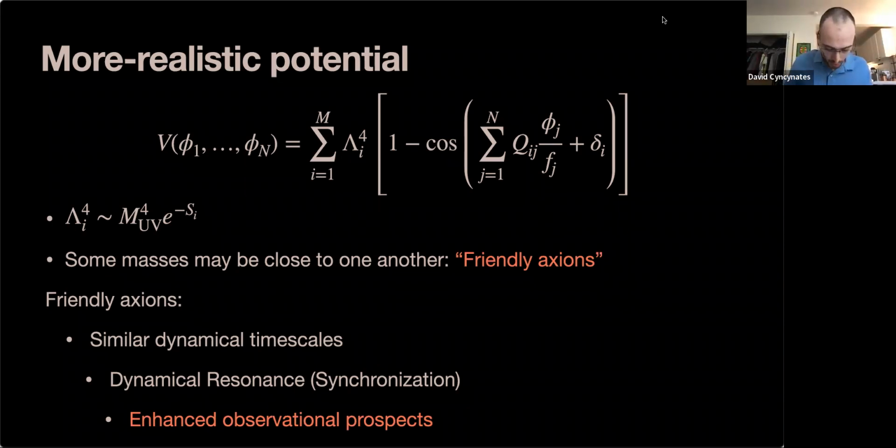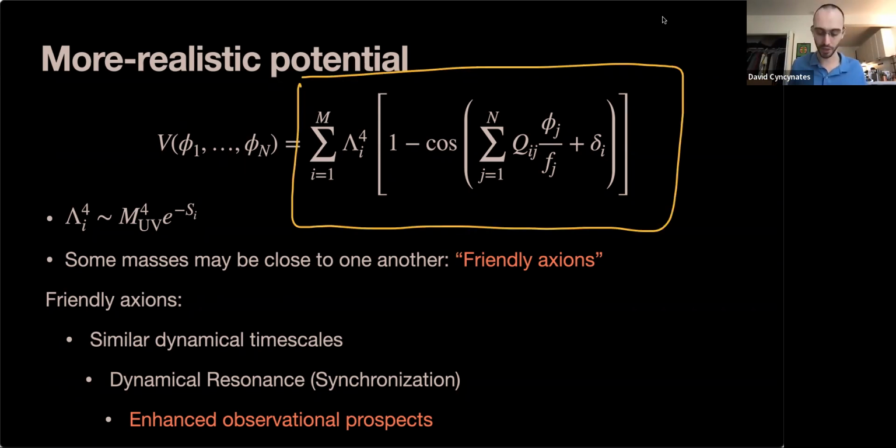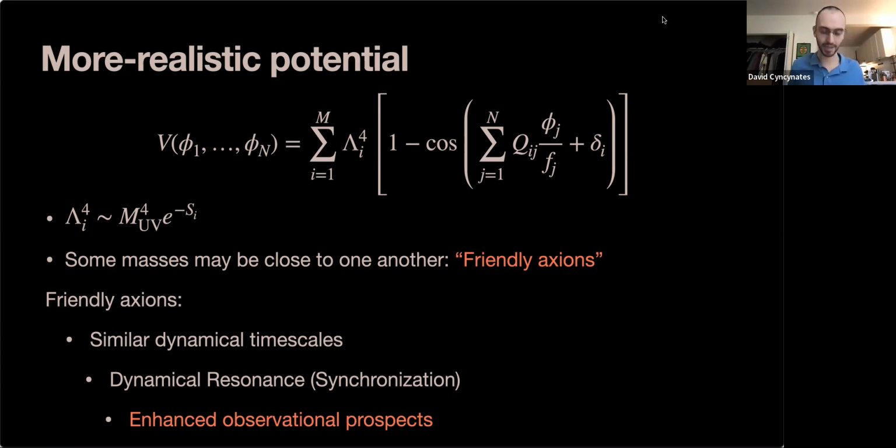Okay, so why are we interested in friendly axions? Friendly axions are axions whose masses are nearby one another. It is these axions for which the assumption that they evolve independently will break down. This is because friendly axions have similar masses and thus similar dynamical timescales. And when you have similar dynamical timescales, the axions coupled through this joint nonlinear potential can dynamically resonate with one another or synchronize.